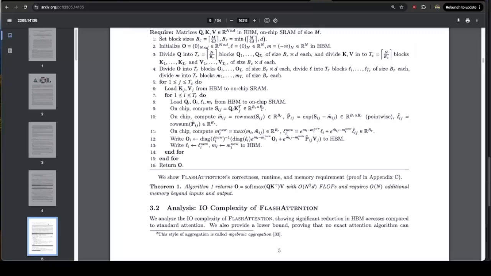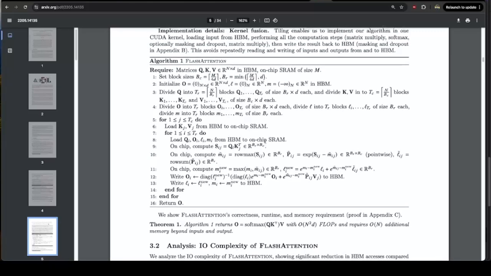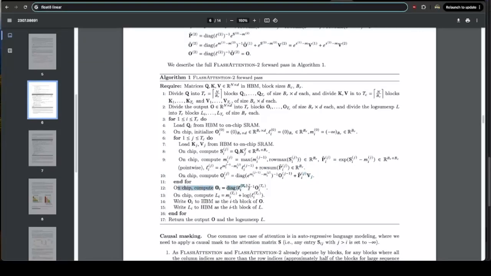If you look here, in this implementation, the denominator rescaling is in the inner for loop, right? If you look at the other one, it's on the outer for loop.